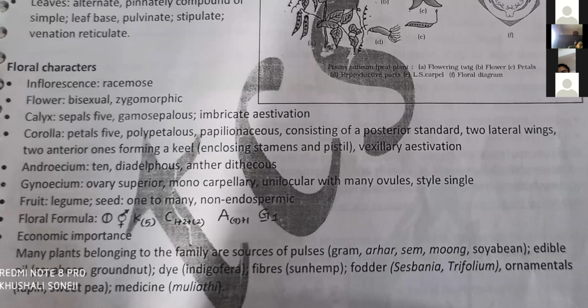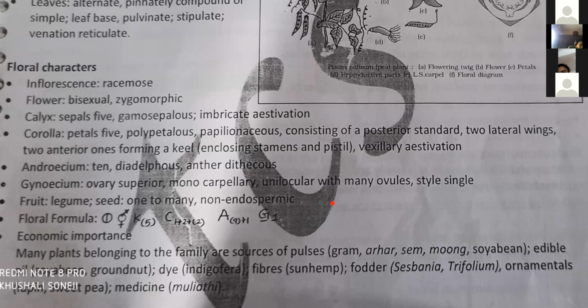Fibers we get from the sun hemp plant. Fodder, that's the food of cattle. Sesbania and trifolium. Then ornamental means decorative purpose. Lupin and sweet pea. And medicine, mulethi, in Gujarati we call it jethimadh, that is used as a medicine to reduce cough.